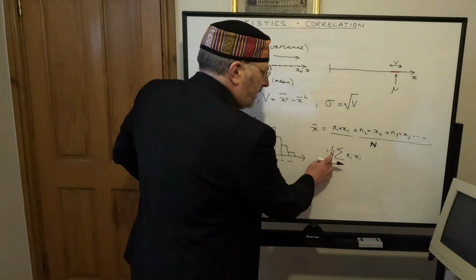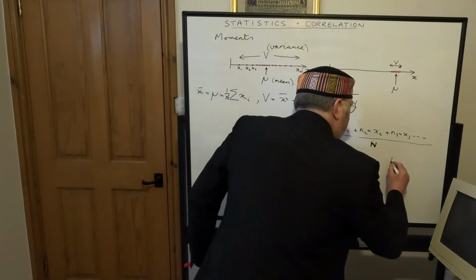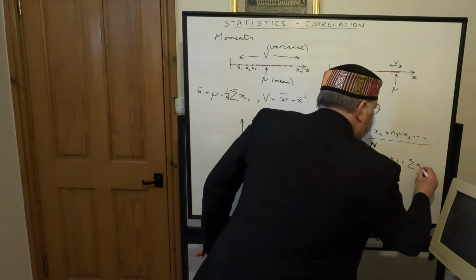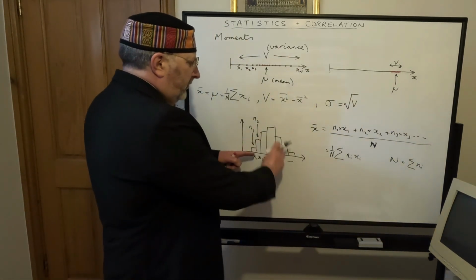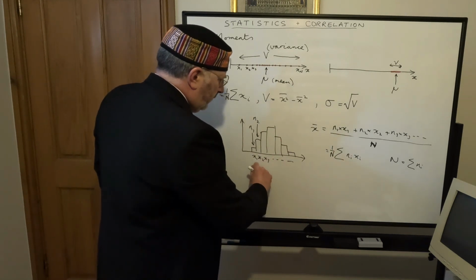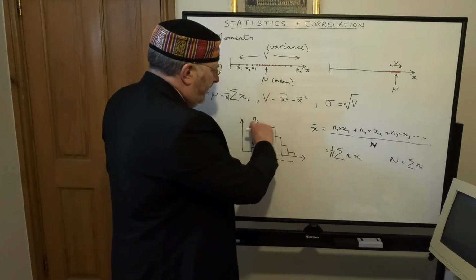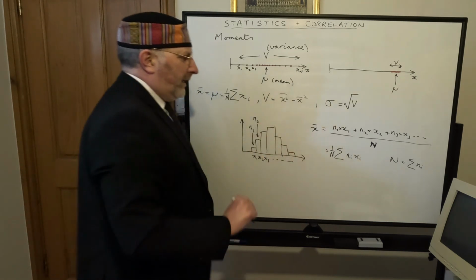We should just note, in this case n is equal to the sum of the ni. It's all the different numbers here added up. So this is not x1 to xn now. The capital N is the sum of all these different numbers. That's the total amount of data.